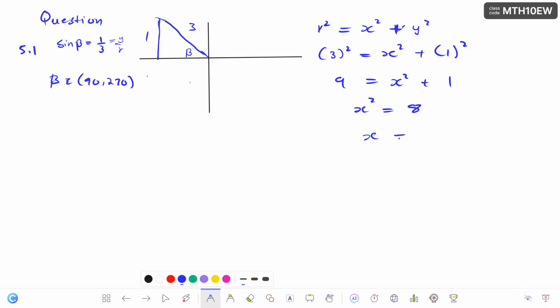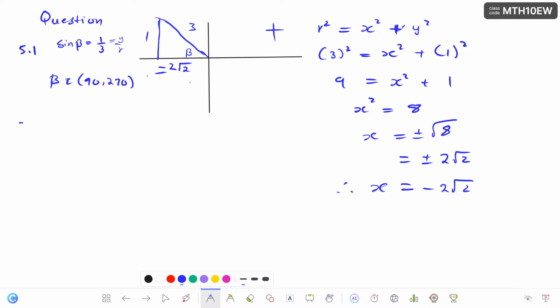So the square root of 8 is going to be positive or negative 2 root 2. But since x is negative on this side and positive on this side, we conclude that our x is negative 2 root 2. So here is negative 2 root 2.